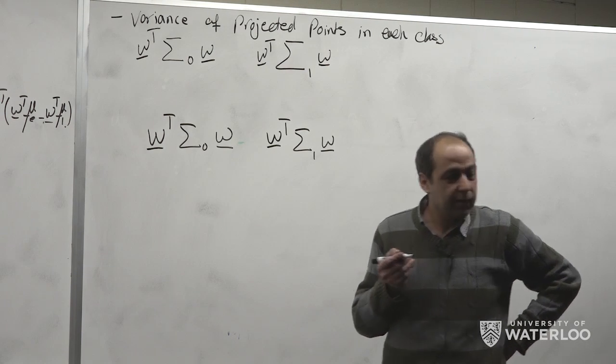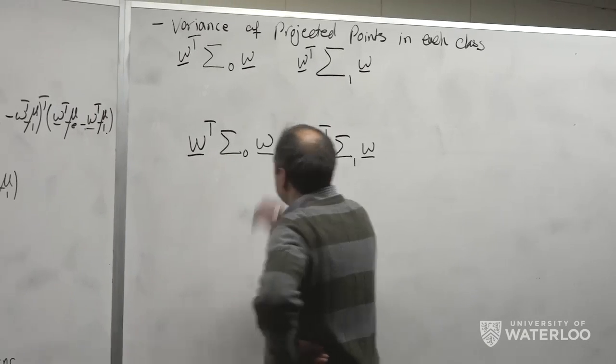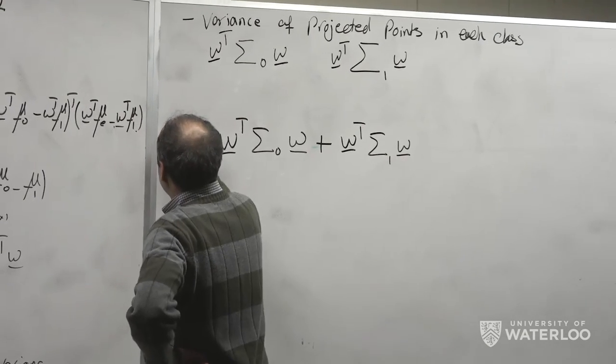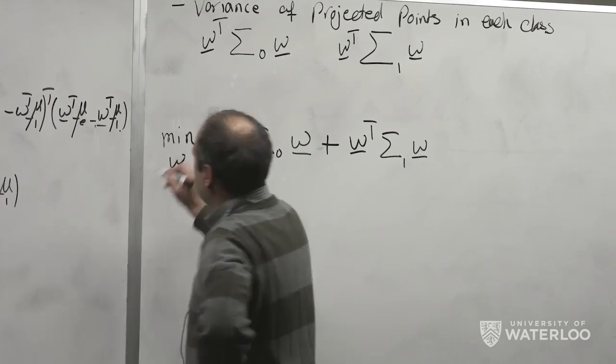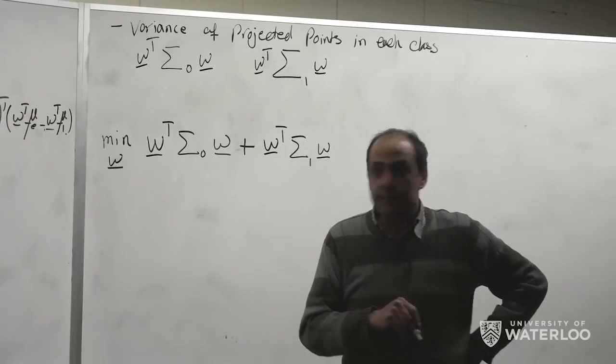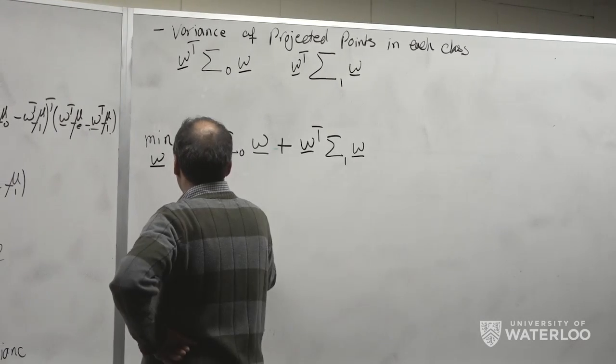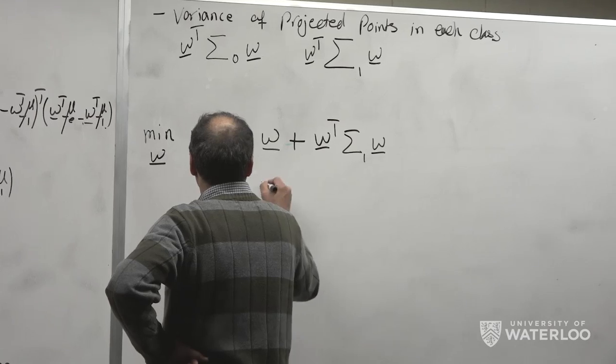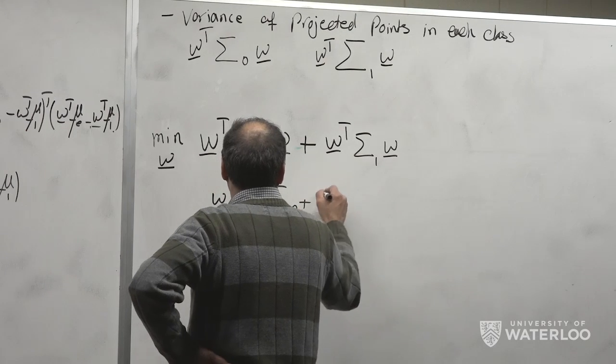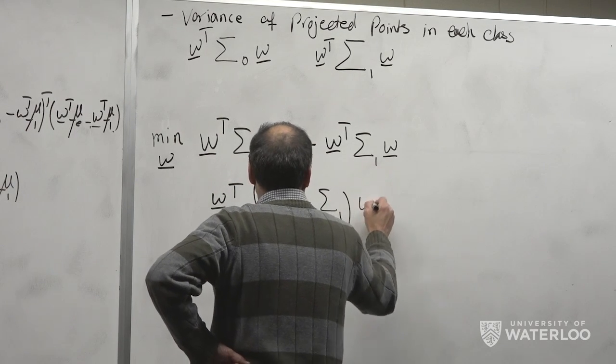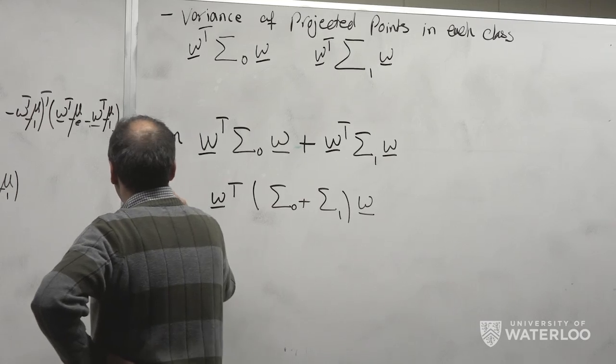Just add them, right? So add them and try to minimize it. So I can simplify this. It's going to be W transpose (sigma 0 plus sigma 1) W, which I want to minimize.